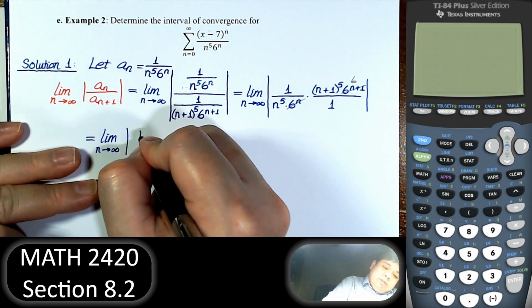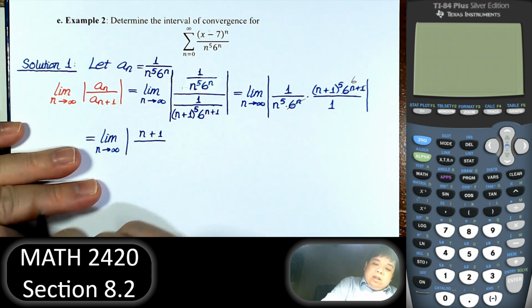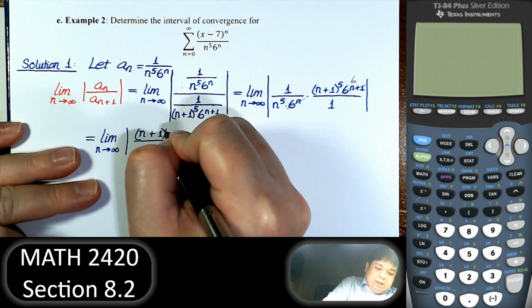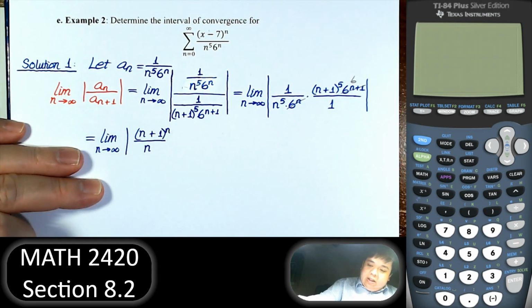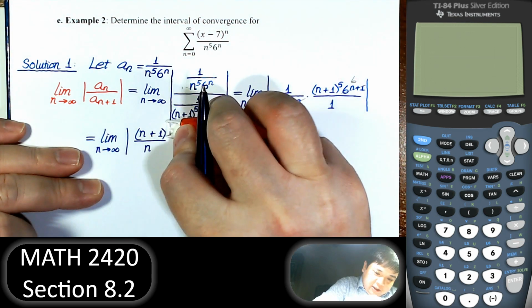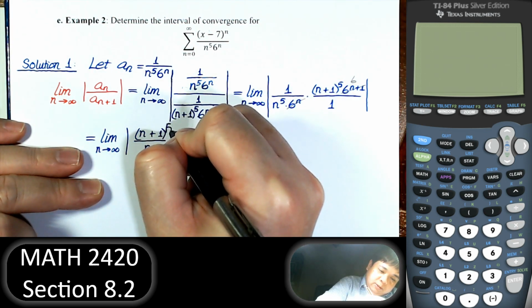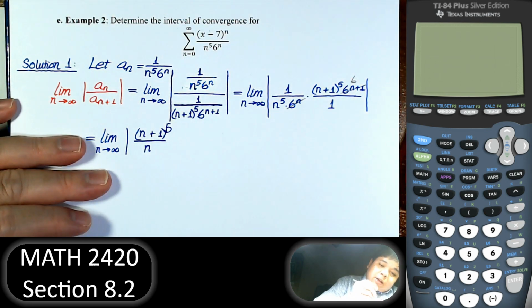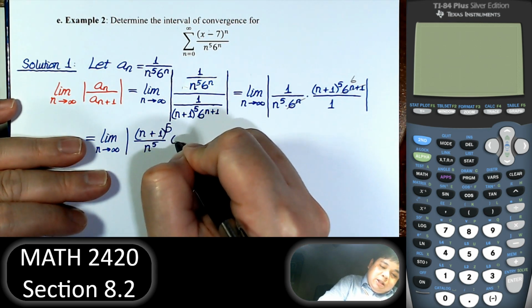So I'm going to say n plus 1 to the 5th over n to the 5th, right? And then times 6, n to the 5th times 6.